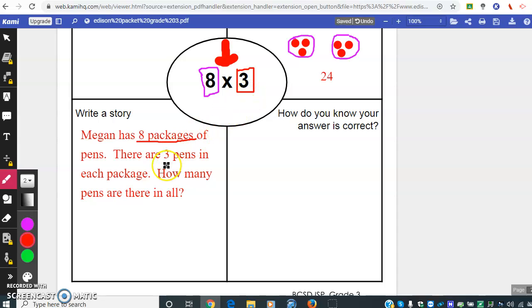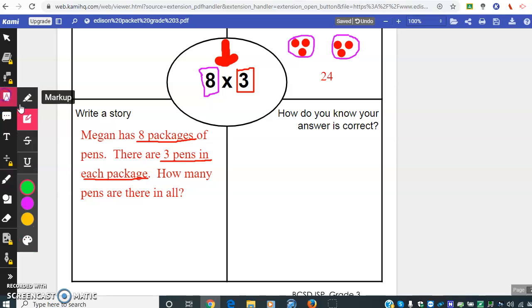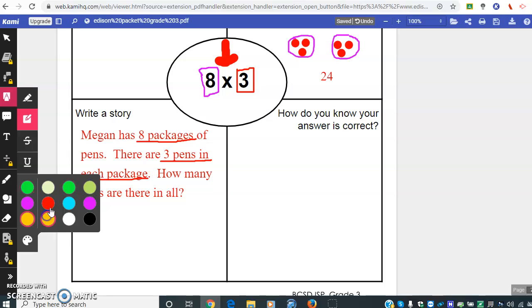And the 3 was the 3 pens in each package. And you guys will notice that I used my keyword each. That's one of our words that we talked about in class that means we're multiplying here. I used each in my story because that's a keyword for multiplication.